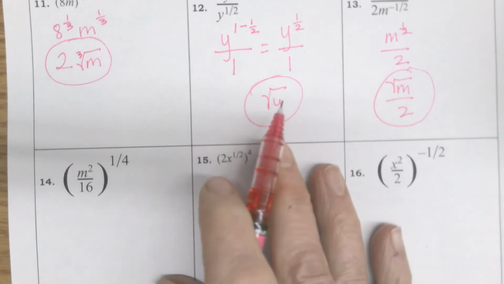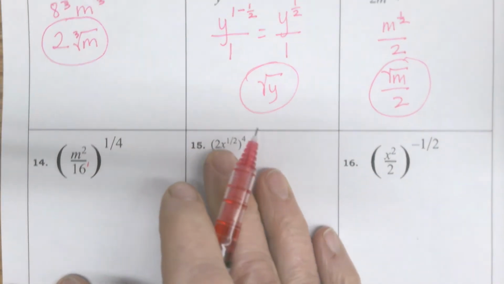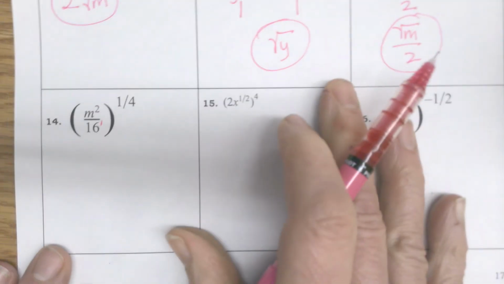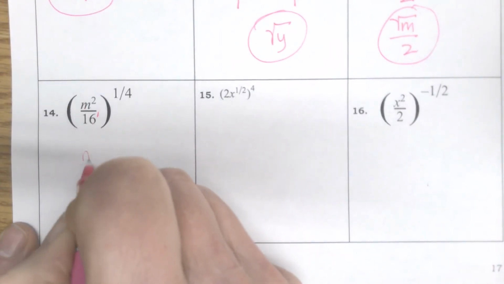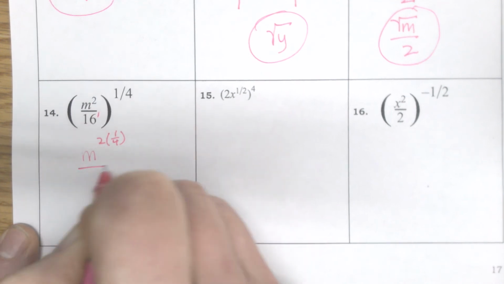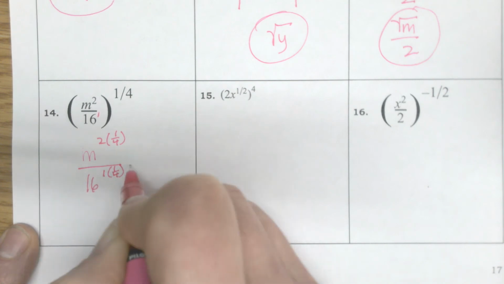Let's do this one again. Remember my power on 16, where I have a power on the power. I'm going to do that where I have to bring that power through, just like number 11. I'm going to do m to the 2 times 1/4 over 16 to the 1 times 1/4.